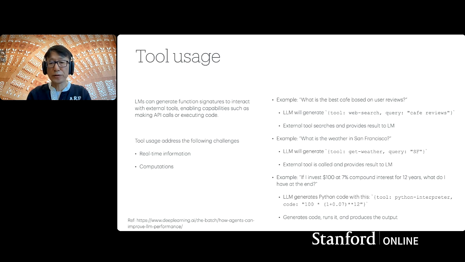Then the software receives this text output from the model, parses it, actually makes an API call to the weather provider, gets the weather information, and provides it back to the language model, and then the language model generates a more human-friendly, helpful output based on this API result.